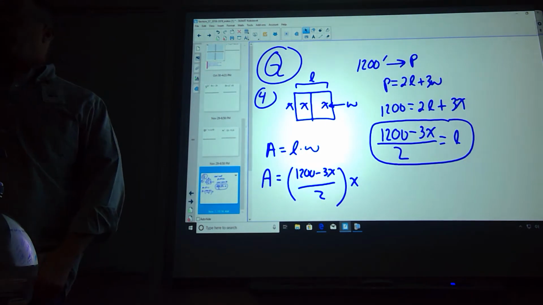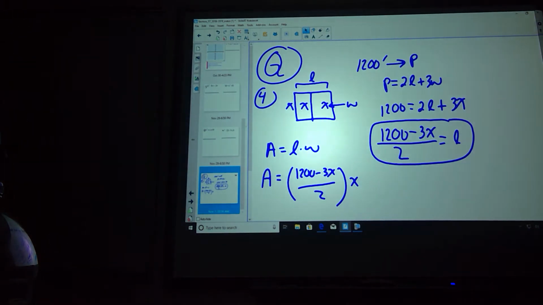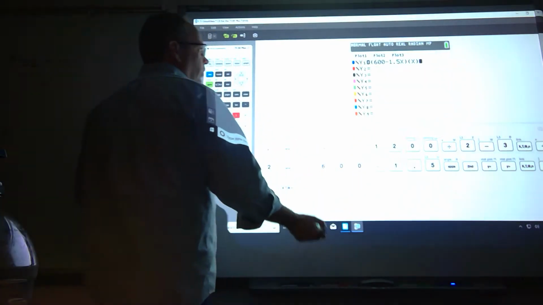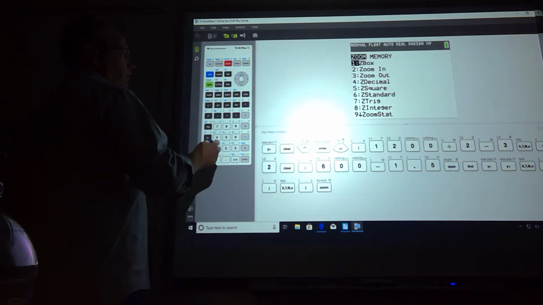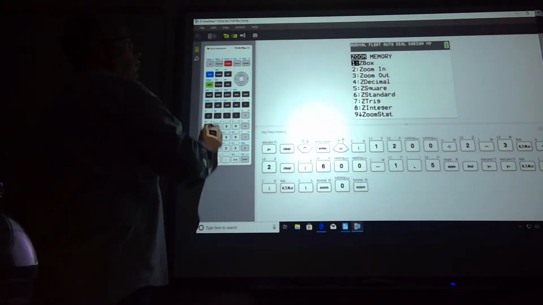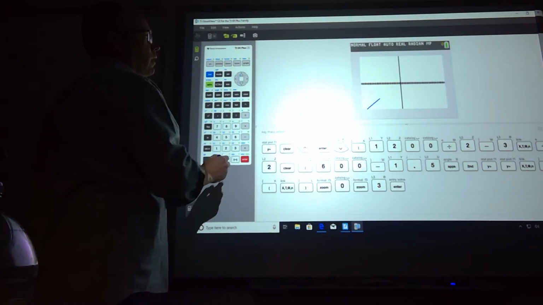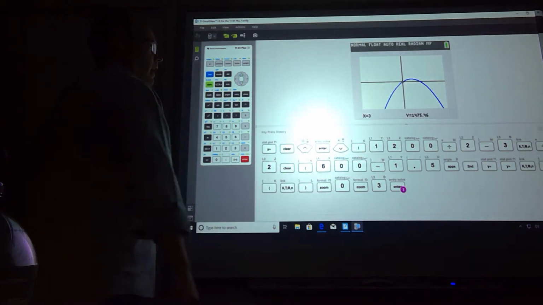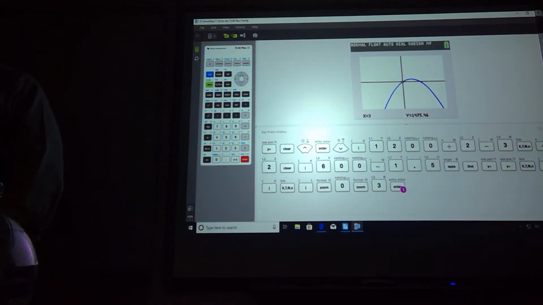So what I'm going to do is graph this and find the vertex. Let's go to zoom fit, zoom 0. Whoa, zoom out, zoom out again, zoom out again. All right, can I see my vertex? Sure.